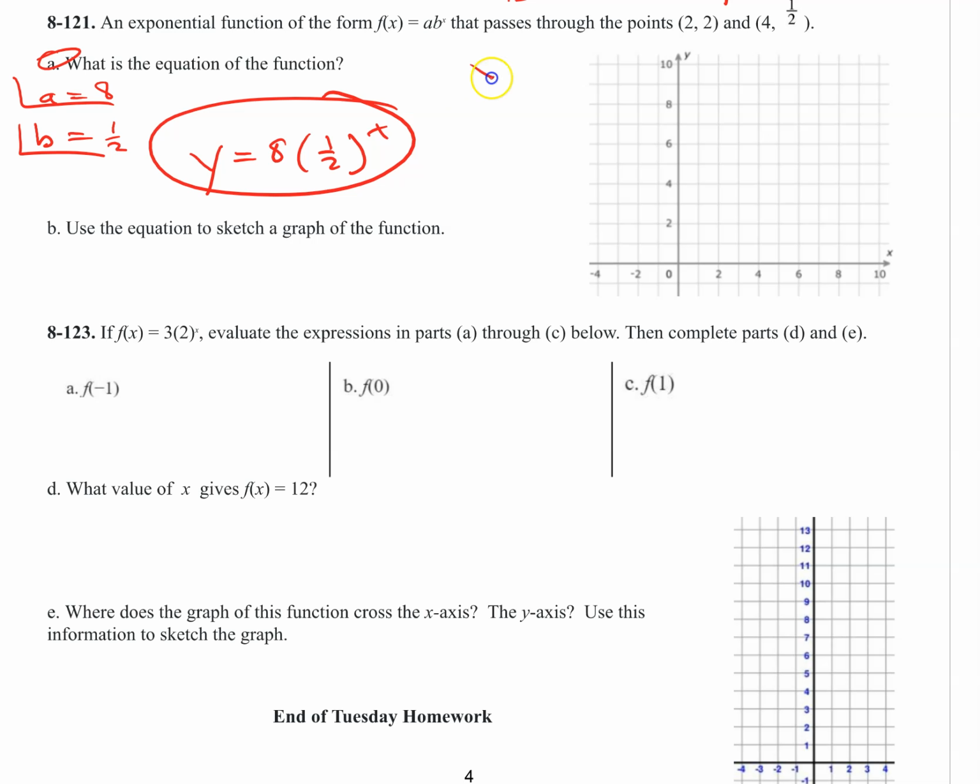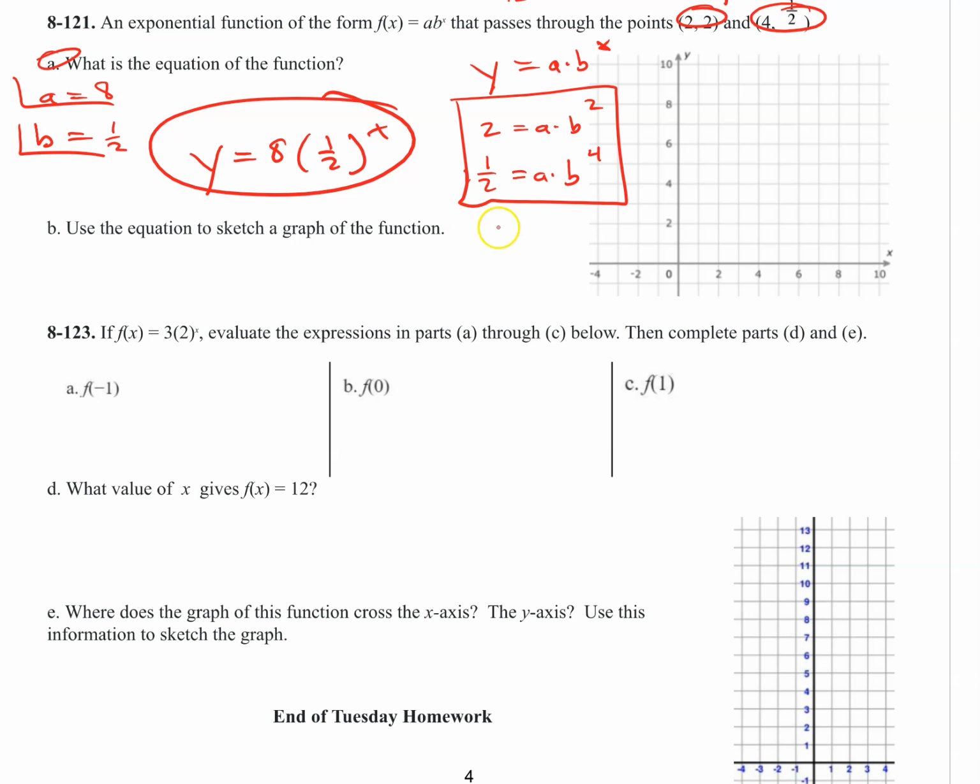The other way to do this is you write y equals a times b raised to the power x. Then you plug in the first point, and you get 2 equals a times b raised to the power 2. Then you plug in the second point, make a second equation, and you get 1/2 equals a times b raised to the power 4. Then you get a system of equations.